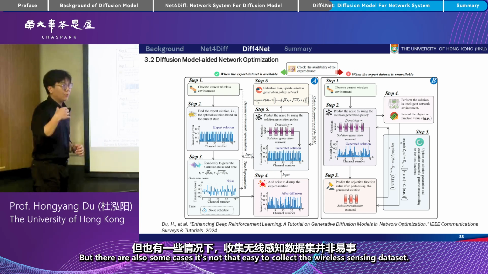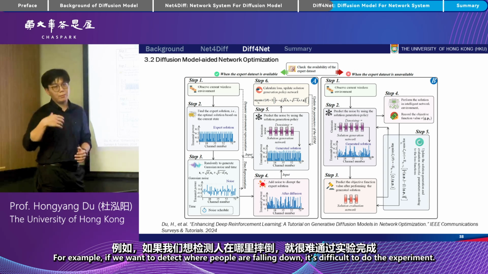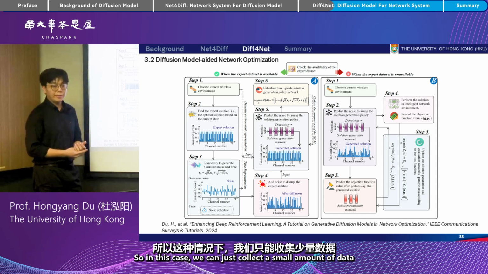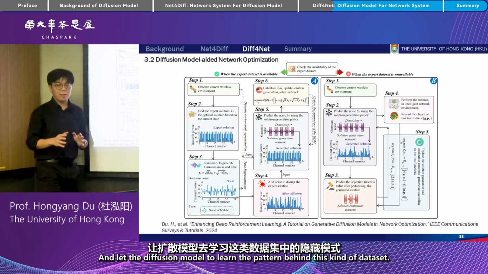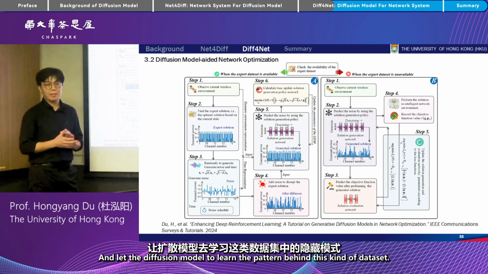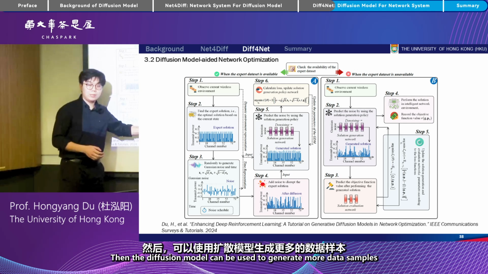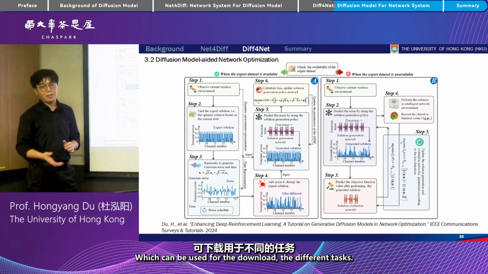But there are also some cases where it's not that easy to collect the wireless sensing dataset. For example, if we want to detect whether people are falling down, it's difficult to do the experiment. So in this case, we can just collect a small amount of data and let the diffusion model learn the pattern behind this kind of dataset. And then the diffusion model can be used to generate more data samples, which can be used for the different downstream tasks.